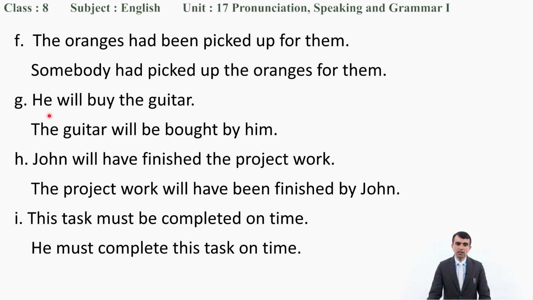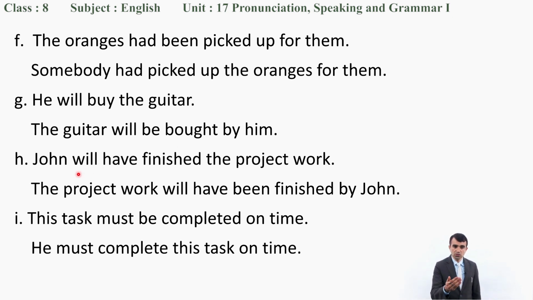G, he will buy the guitar. Passive form: the guitar will be bought by him. See here, study the structure, will plus buy. Will plus verb present, is it so? Or will plus verb 1. So here the be verb is used. The be verb is be itself, isn't it? The guitar will be bought by him.